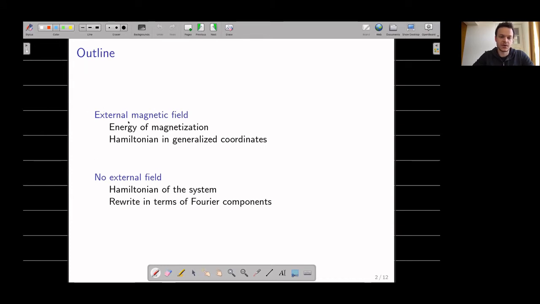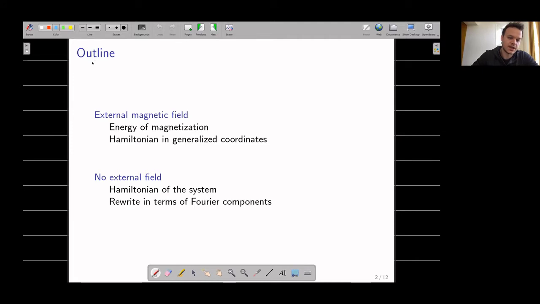In the beginning, we're going to talk about a ferromagnet in an external magnetic field. We're going to determine the energy of magnetization of the magnet, and then try to relate this energy to a Hamiltonian in generalized coordinates.